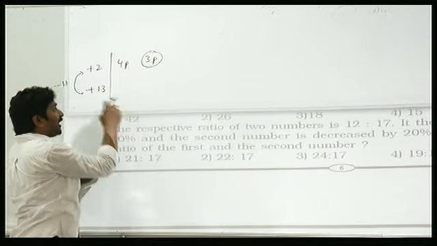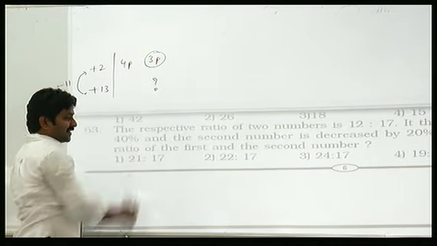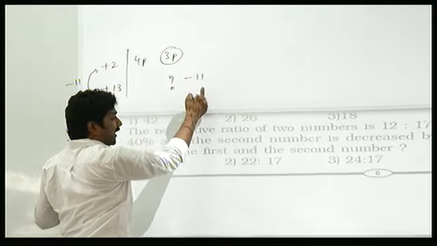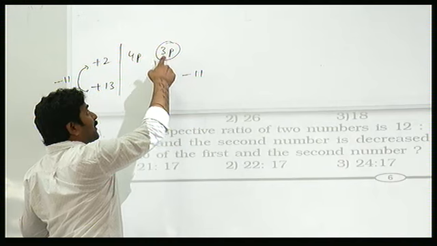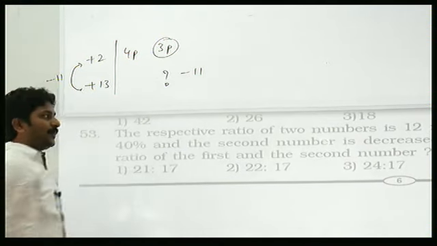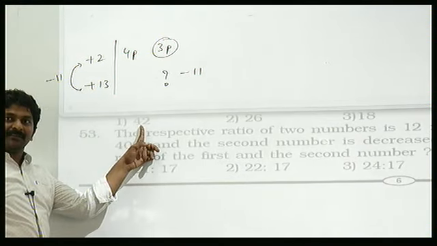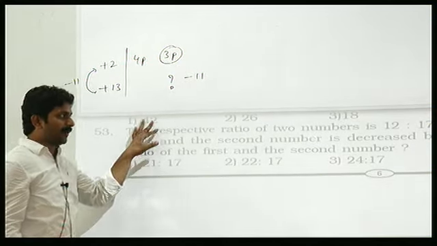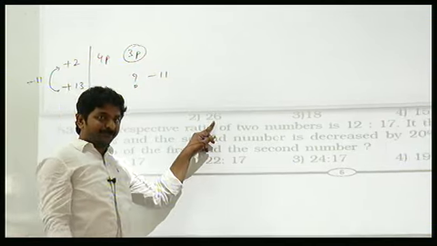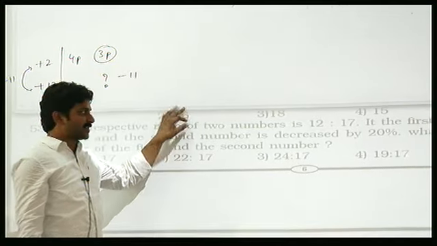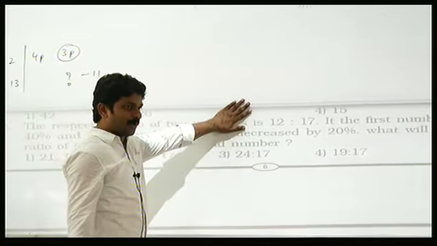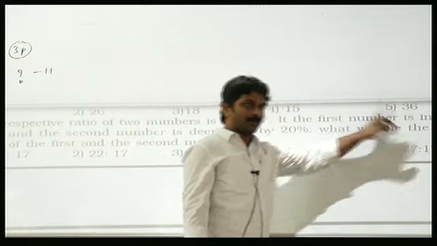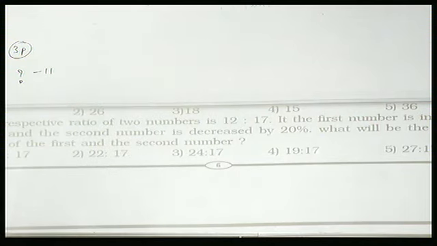If you subtract 11 years from that, that should be equal to a multiple of 3. Minus 11? Tell me, minus 11. 31, not a multiple of 3, cannot be your answer. Minus 11, 15 is a multiple of 3, can be your answer. Minus 11, 7, no. Minus 11, 4, no. Minus 11, 25, no. Second option, final answer.